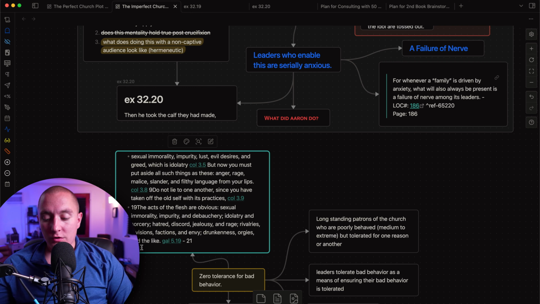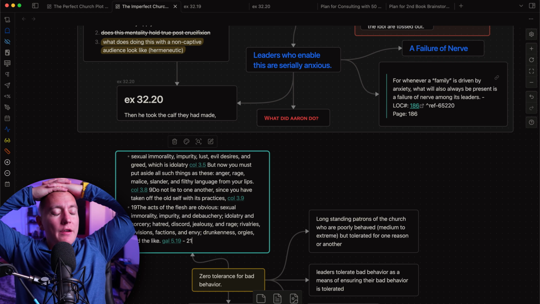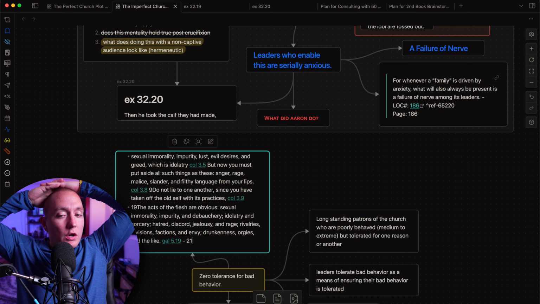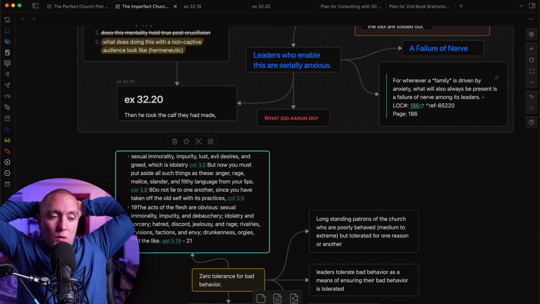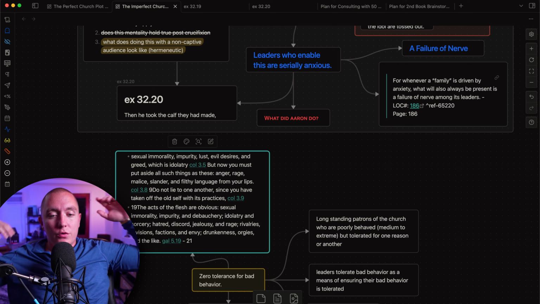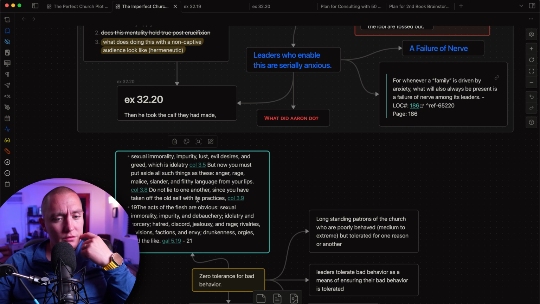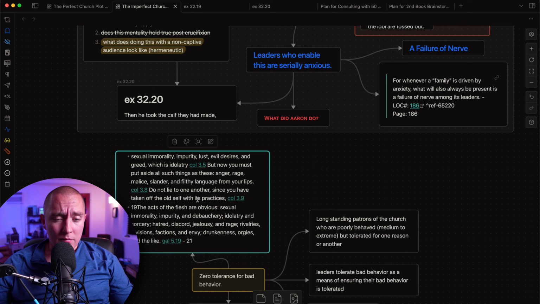So I'm not even so much talking about someone who, in their day-to-day life, struggles with filthy language, for example. And so when they go to work, maybe they talk with people they work with in a filthy way that's not becoming of a Christian, someone who is a Christ follower. But then when they come to church on Sunday, they stop and they're different. That should be addressed. I'm more talking about someone who thinks that their bad behavior is okay and it's tolerated.